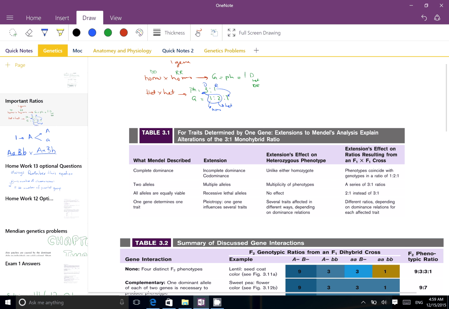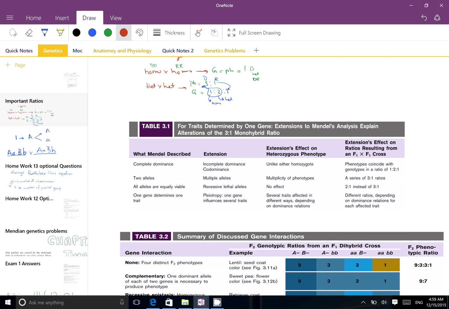Anyway, if you draw the Punnett square, you'll know. But as you practice without drawing it, you'll just be able to tell that 1 is homozygote dominant, the 2 is for heterozygote, and the other is homozygote recessive, and phenotypically it's 3 to 1.